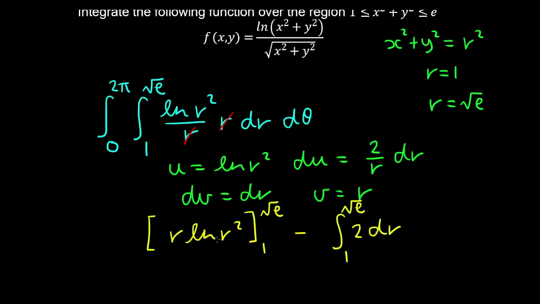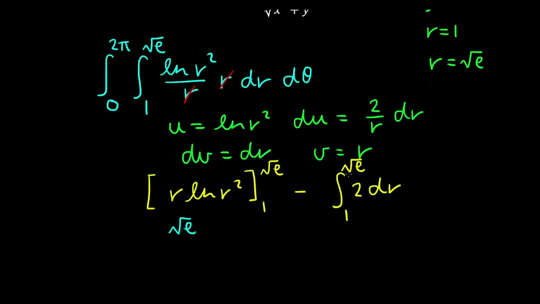So what we get is root e, well, the natural log of root e squared, or the natural log of e, which is 1, minus 1, well, the natural log of 1, which is 0. And this integral evaluates at 2r at r equals 1 and root e.